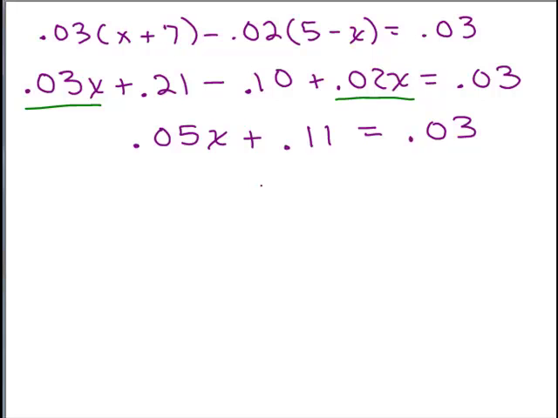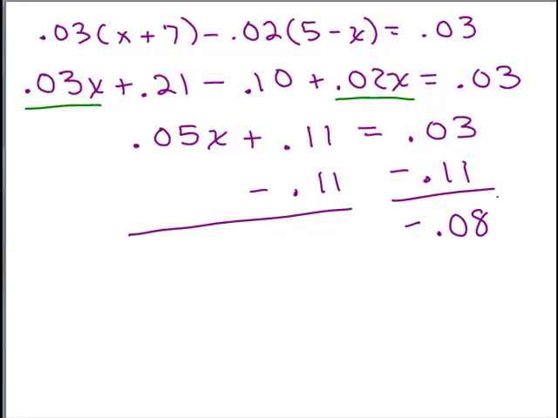And then we could subtract 0.11 from both sides. Now we've got to be careful with both decimals and the fact we're adding a positive and a negative number, so it's going to be negative. And then 0.11 minus 0.03 is 0.08. So I have 0.05x equals negative 0.08.